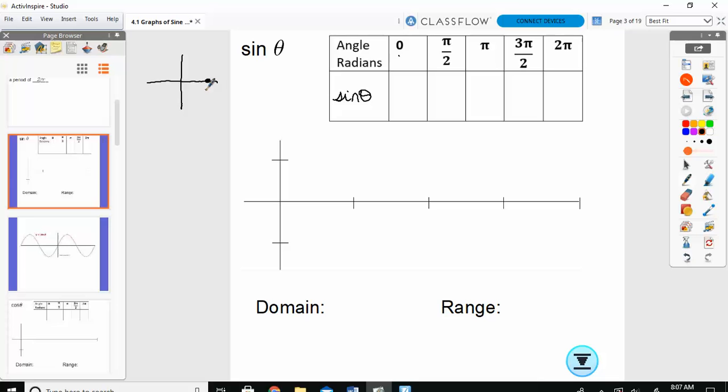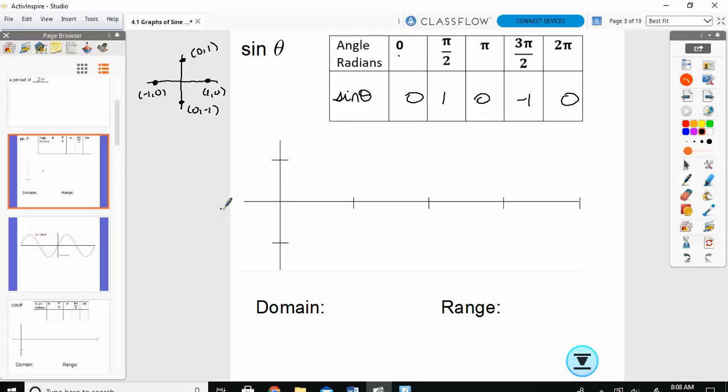When we filled this out, sine was the y. So your y is 0. All right, at pi over 2, what is your sine? 1. At pi, what's sine? At 3 pi over 2, sine is? And at 2 pi, back to 0.